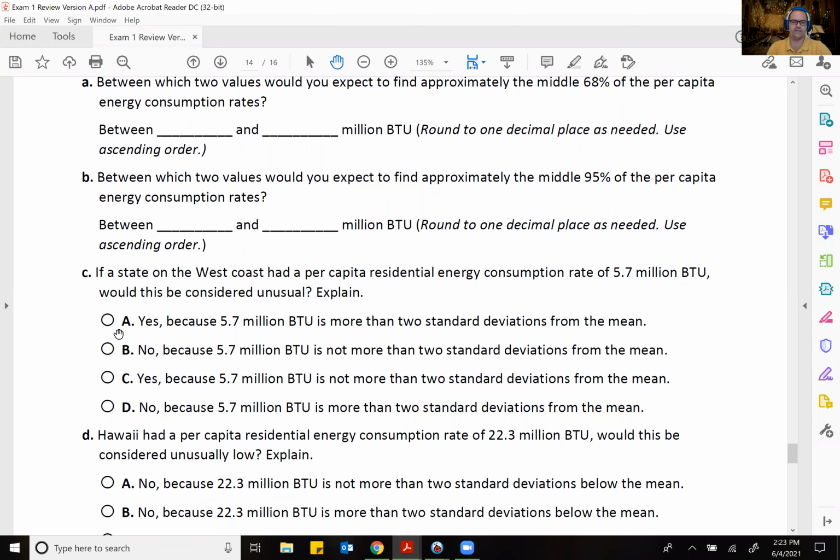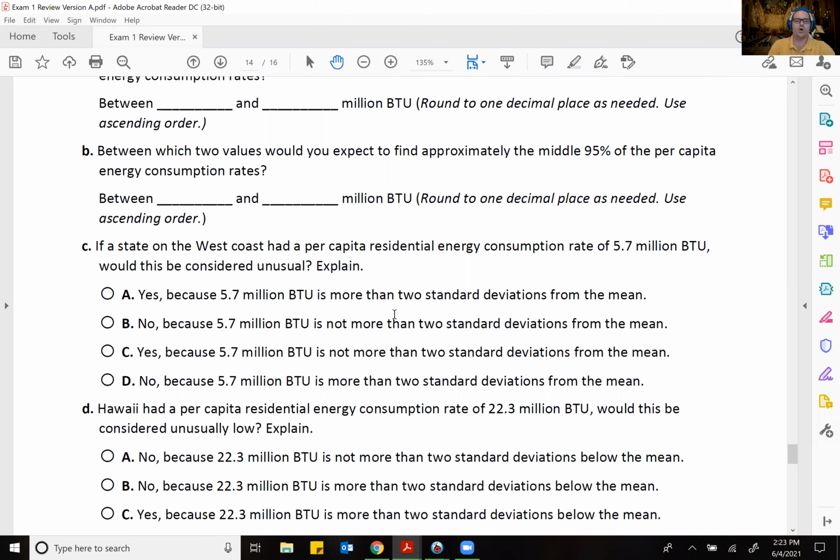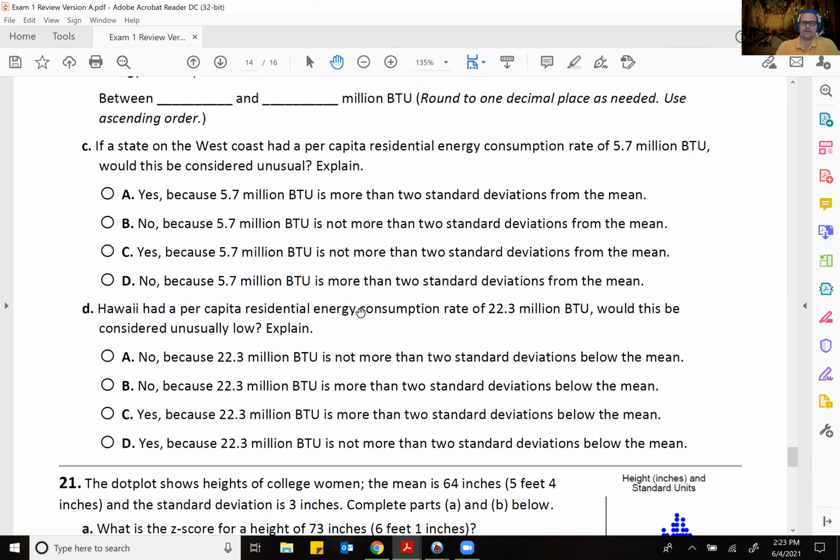Which one would we select then? You said yes, so it's either A or C. A. Because A says that it is more than. All right. Hawaii had a per capita residential energy consumption of 22.3. Is that unusual?